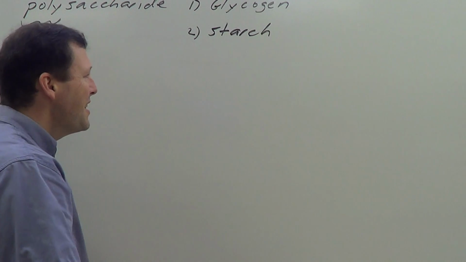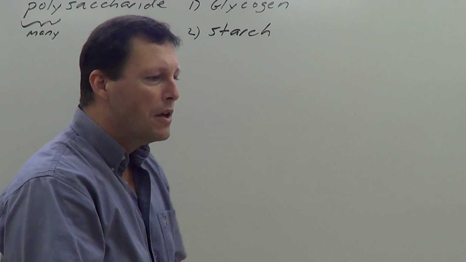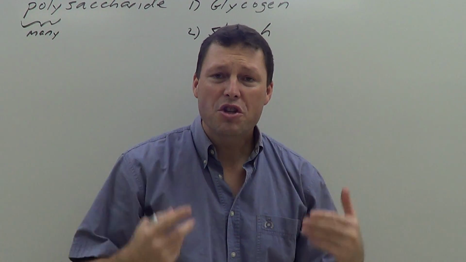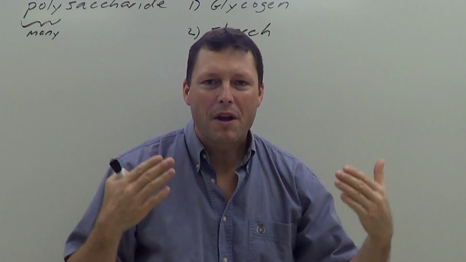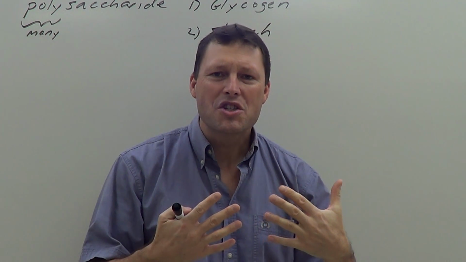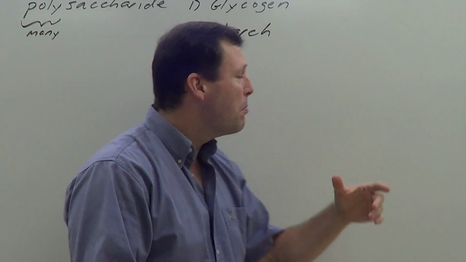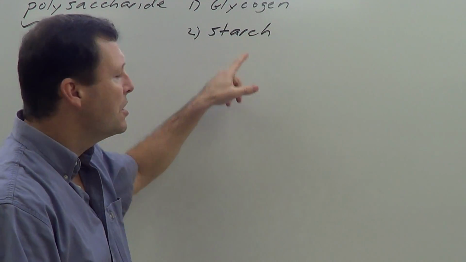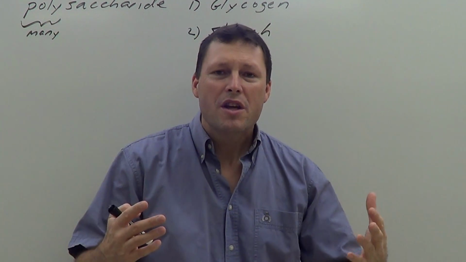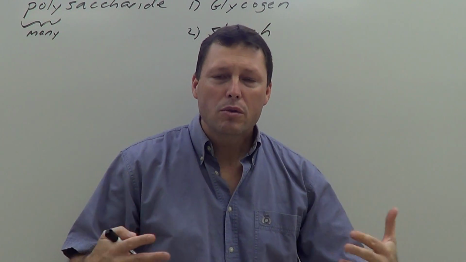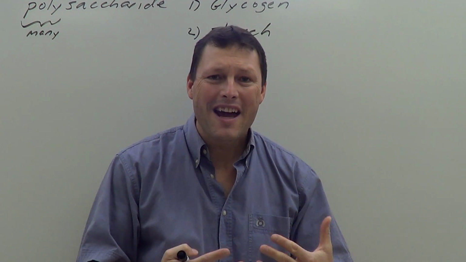And starch, kind of the same as glycogen, but a little bit different. Still made out of glucose molecules, but now they're oriented in a slightly different way. But this molecule is still big, just like glycogen. It's made up of hundreds to thousands of glucose molecules all connected together.